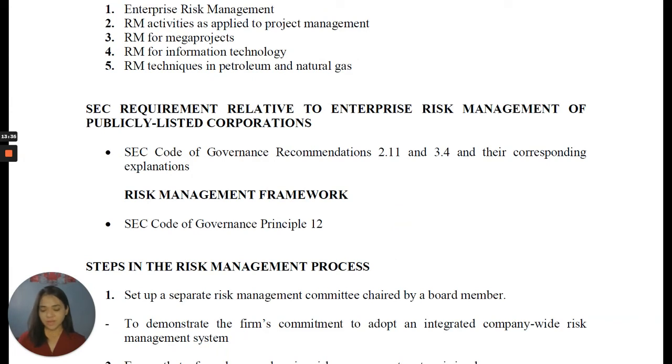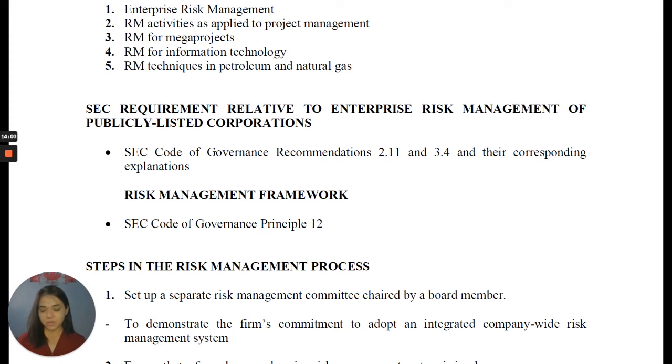Recommendations 2.11 and 3.4 and in their corresponding explanations that the board should oversee that a sound enterprise risk management framework is in place to effectively identify, monitor, assess, and manage the key business risks. That the board is responsible for defining the company's level of risk tolerance.